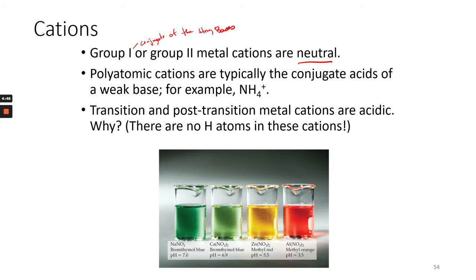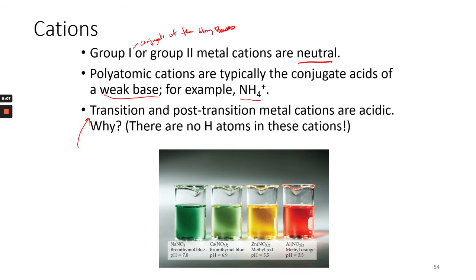Polyatomic cations are typically the conjugate acids of a weak base, for example NH4. Transition and post-transition metal cations are acidic. Why? There are no hydrogen atoms in these cations.